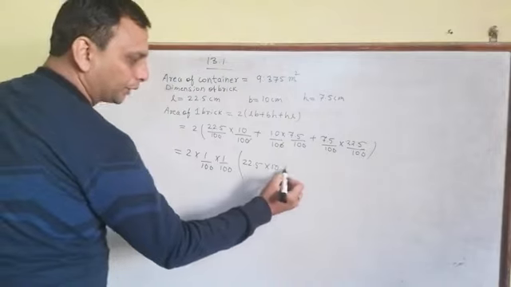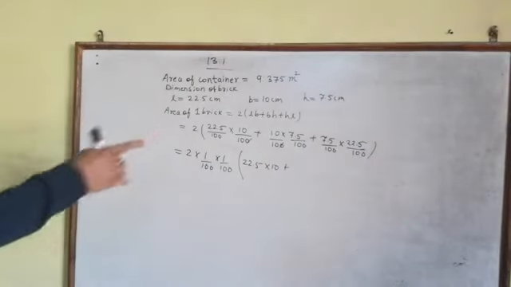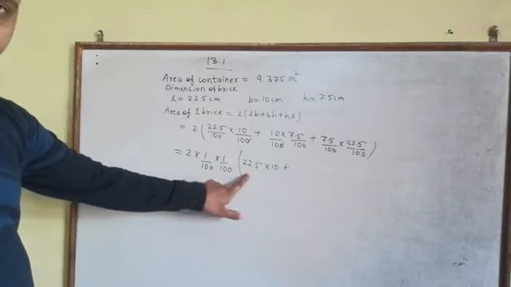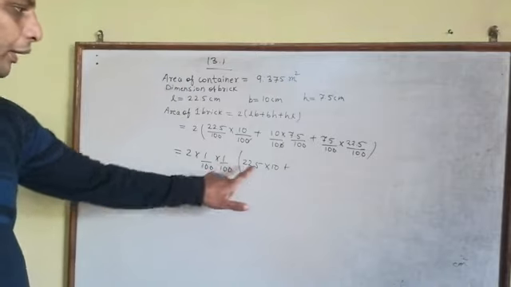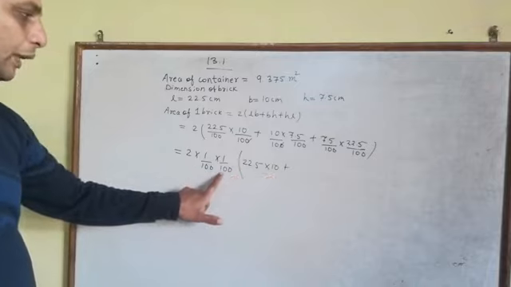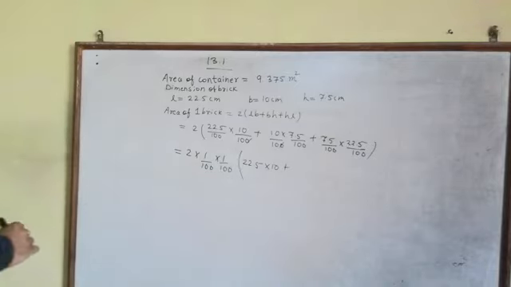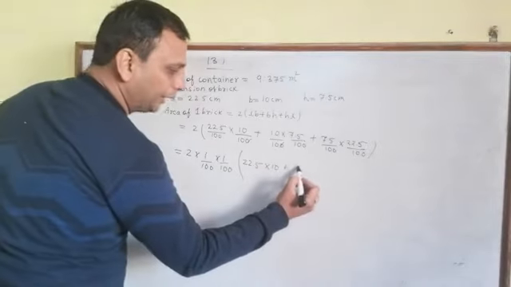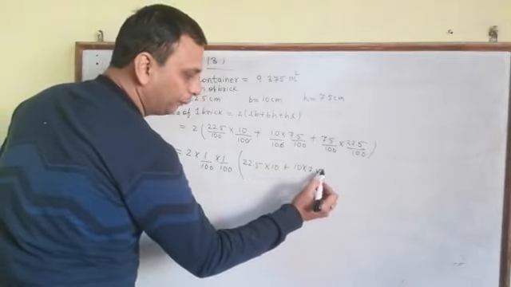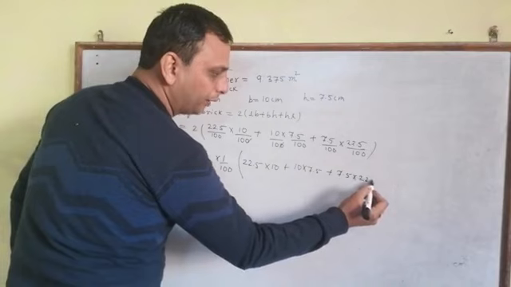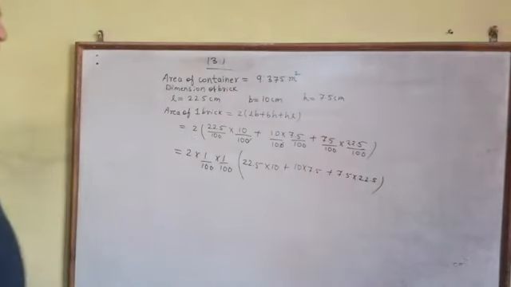Similarly, 10 multiplied by 7.5, and similarly 7.5 multiplied by 22.5. After taking common, this much I get.